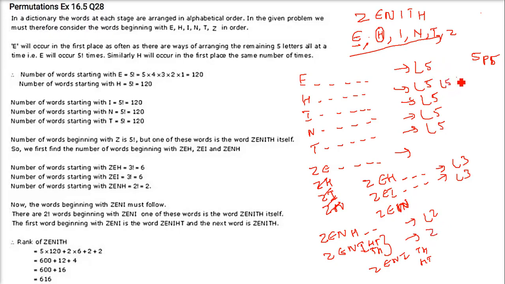So this is factorial 5 into 5, so 5 into 120, plus factorial 3 which is 6, so 6 into 2, plus 2 for ZENH. Now for zenith, HT is in front, so you have to count 2 more to get TH. And this formation will be 616, and this is the answer.